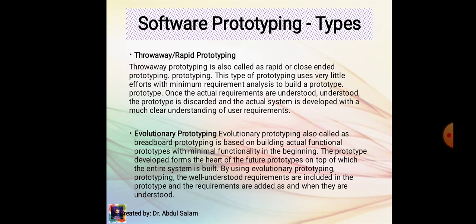Throwaway rapid prototyping. Throwaway prototyping is also called rapid or close-ended prototyping. This type of prototyping uses very little effort with minimum requirements analysis to build a prototype. Once the actual requirements are understood, the prototype is discarded and the actual system is developed with a much clearer understanding of the user requirements.